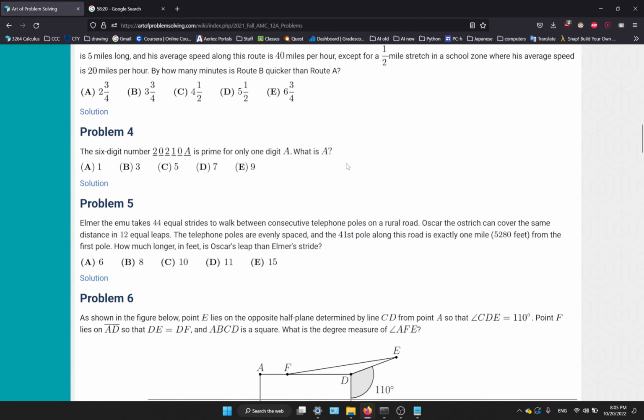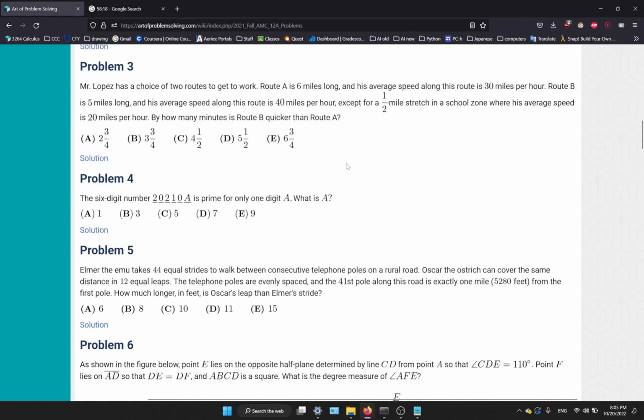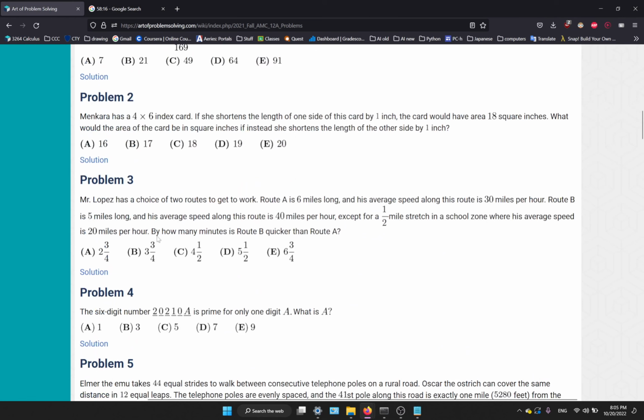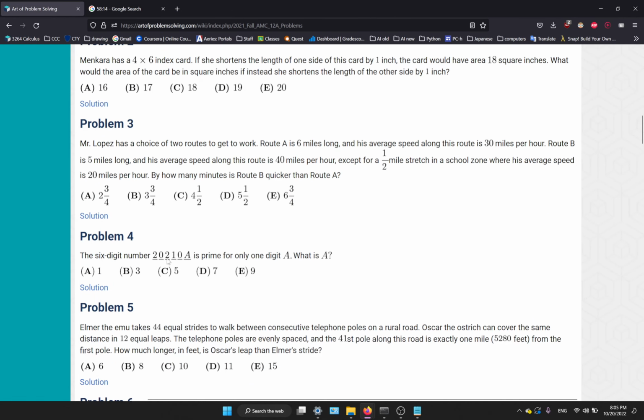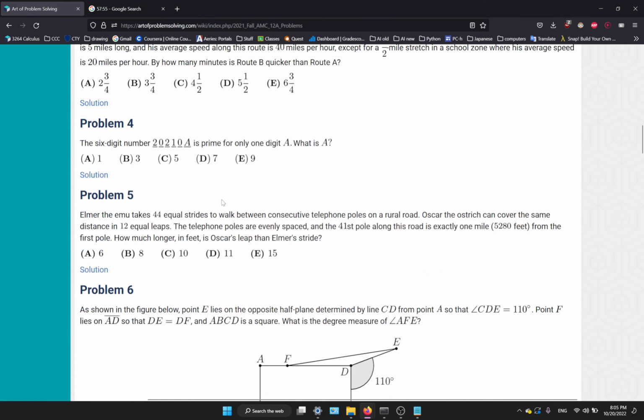Okay, let's take a look at the next ones. Actually, did we try 1 yet for this one? 2 plus 2 plus 1 plus 1, that's 6, so we can't do that. How about 7? 2 plus 2 plus 1 plus 7 is 12, so we can't do that. And it's not 5, definitely. So it's either 3 or 9, but we couldn't find the answer for some reason. What is it, my division skills?